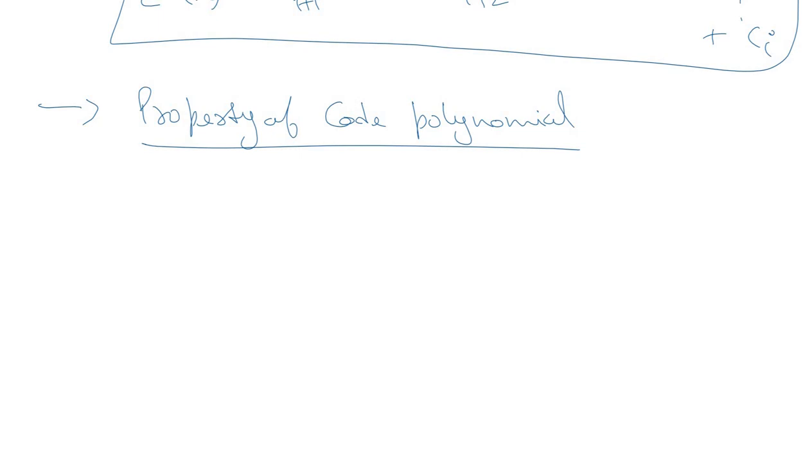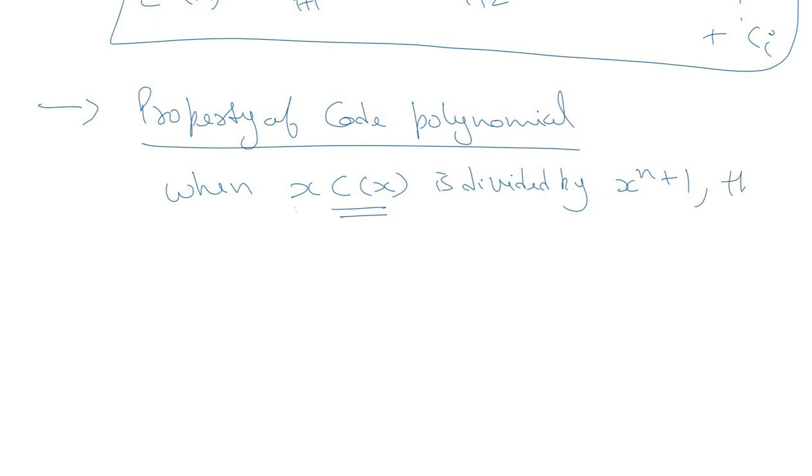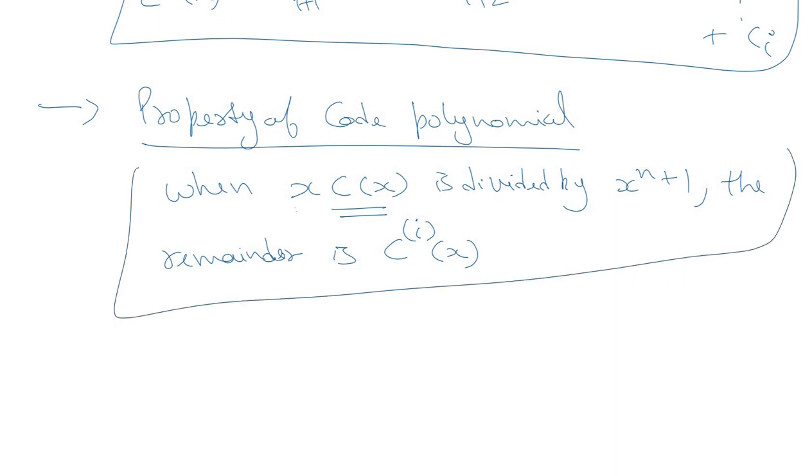The property says that when x into C of x, the code polynomial multiplied by x, is divided by x raised to power n plus 1, the remainder is C1 of x. This is the property. We can also prove this property.